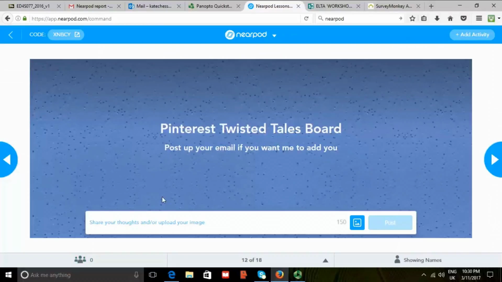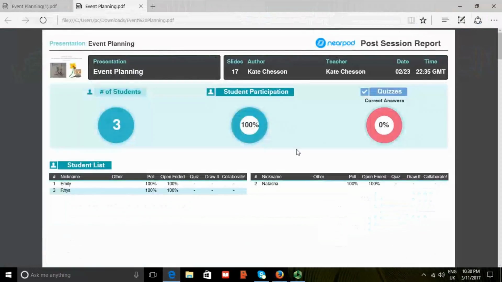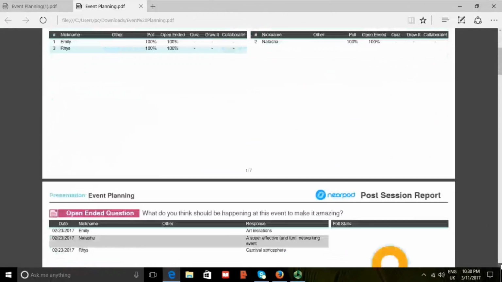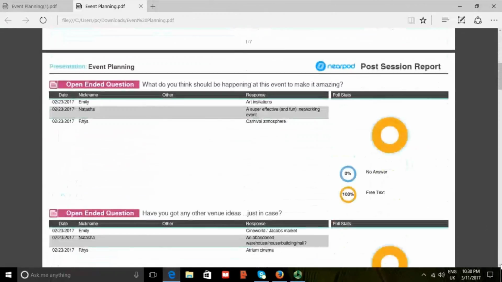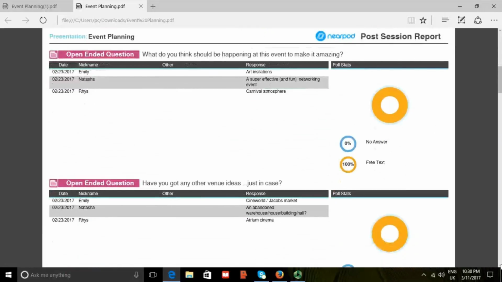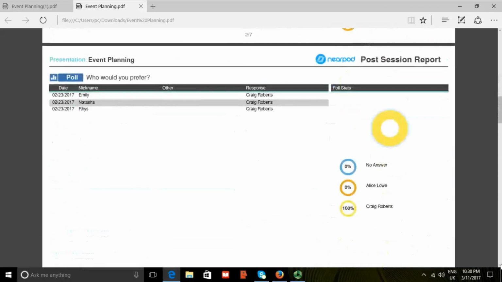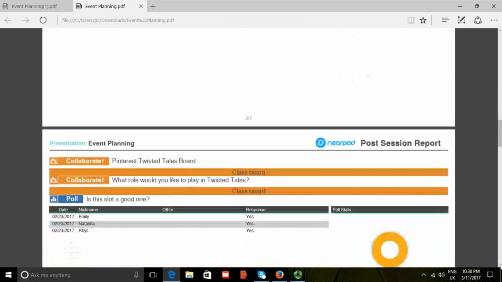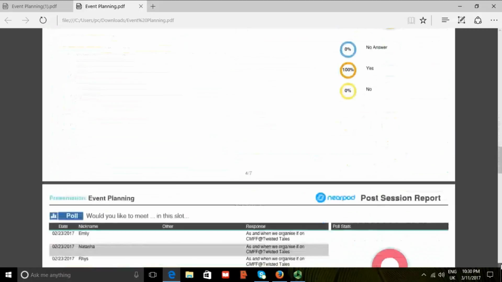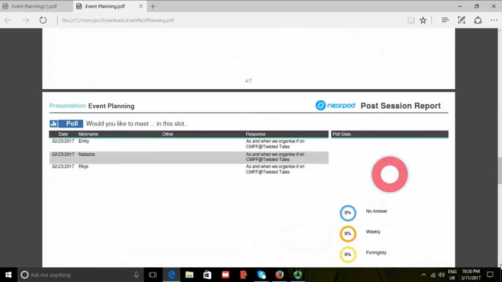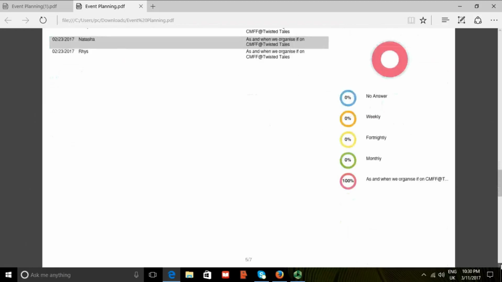Now for this, there's a feedback feature on Nearpod where you can find out. Obviously 100% of the students participated, because there were only 3, so they couldn't really not participate. They came up with some great ideas, and having this post-session report means that we've got all their answers on record, which is really useful, especially in a workshop environment.